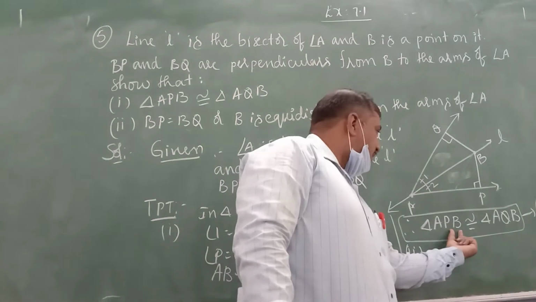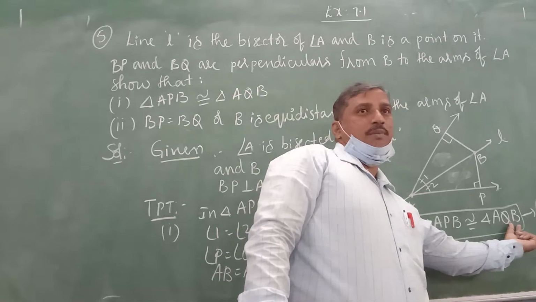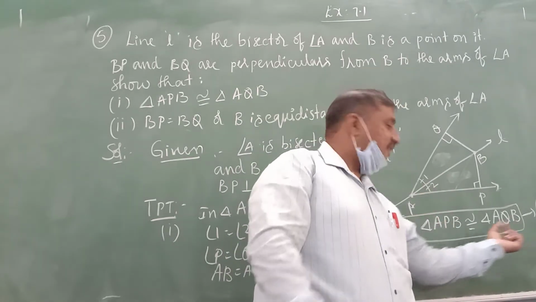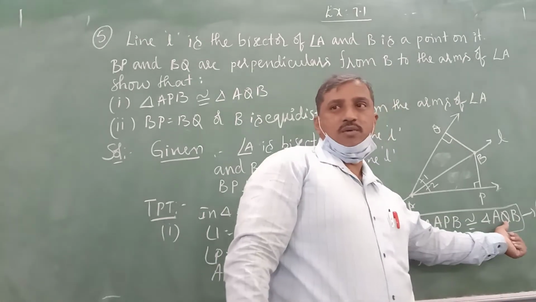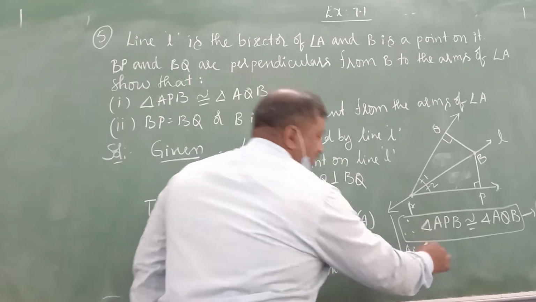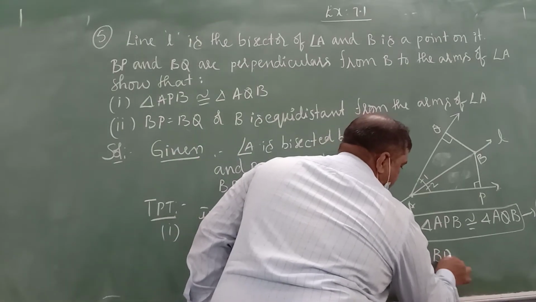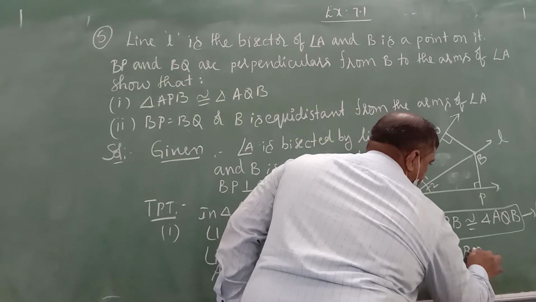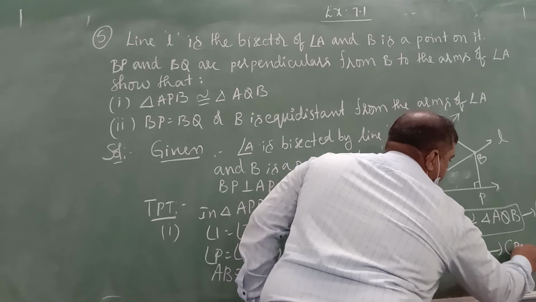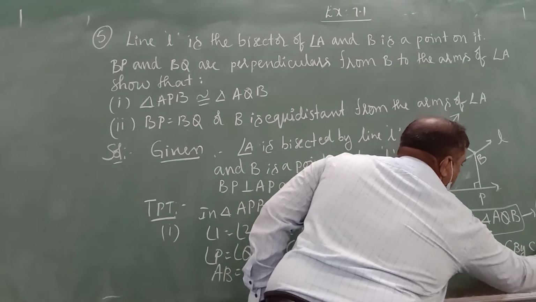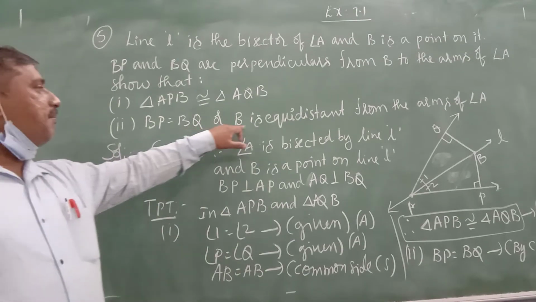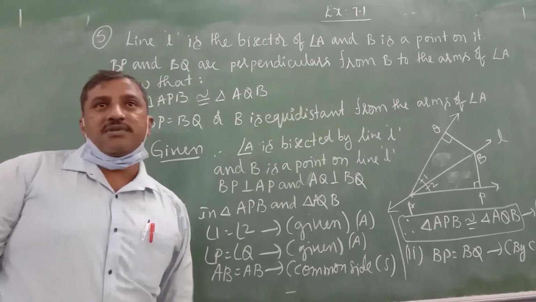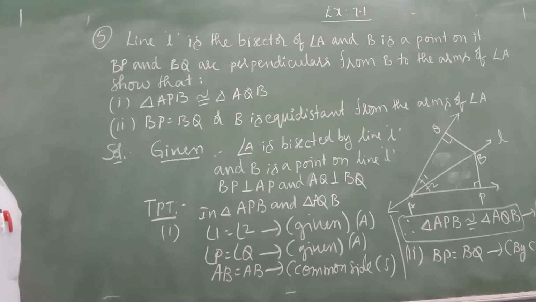So PB is equal to QB. When you write in the reverse order, we get BP is equal to BQ. So second one, BP is equal to BQ, by CPCT. Hence it is proved. Or you can write B is equidistant from the arms of angle A. Like this, we will prove.